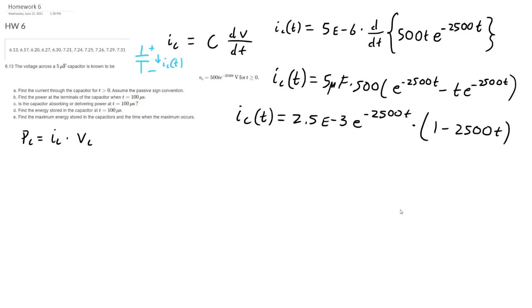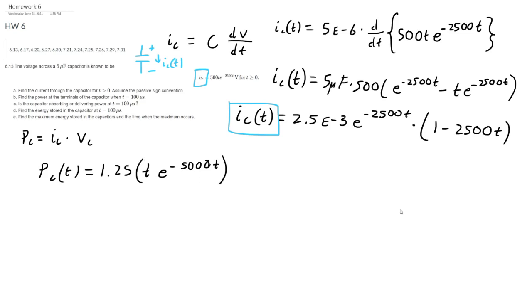We put our expressions for the current and the voltage together, and after a little bit of algebra, you'll find that pC(t) equals 1.25 t e to the minus 5000 t times (1 minus 2500 t). It's just multiplying iC(t) and vC(t).